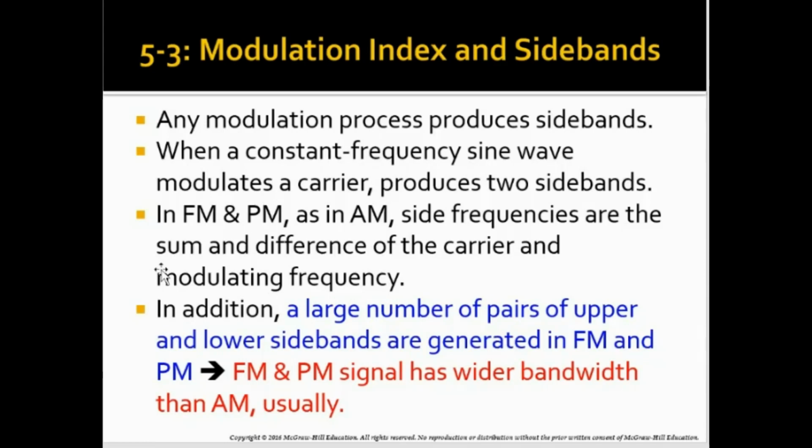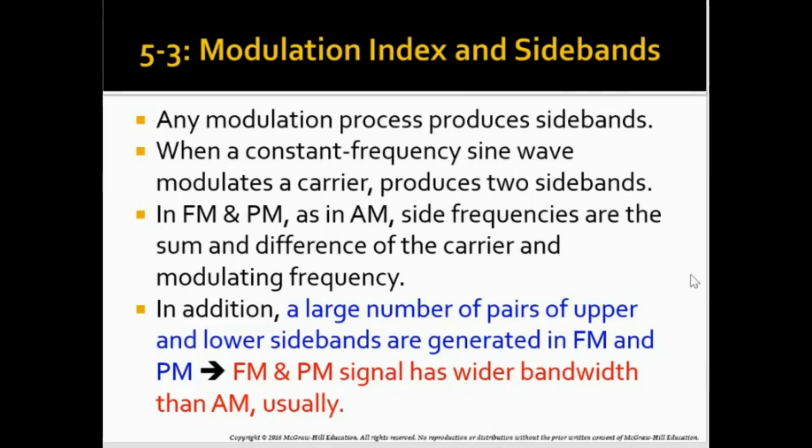When a constant frequency sine wave modulates a carrier, it produces 2 sidebands. In FM and PM, same as in AM, side frequencies are the sum and difference of the carrier and the modulating signal.